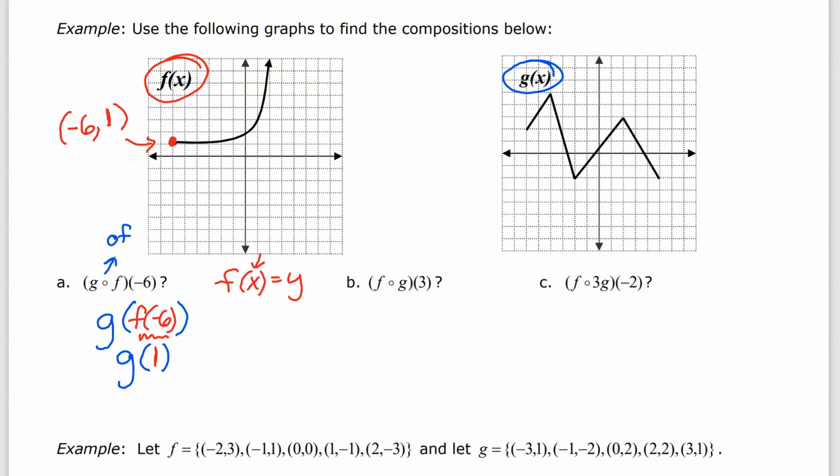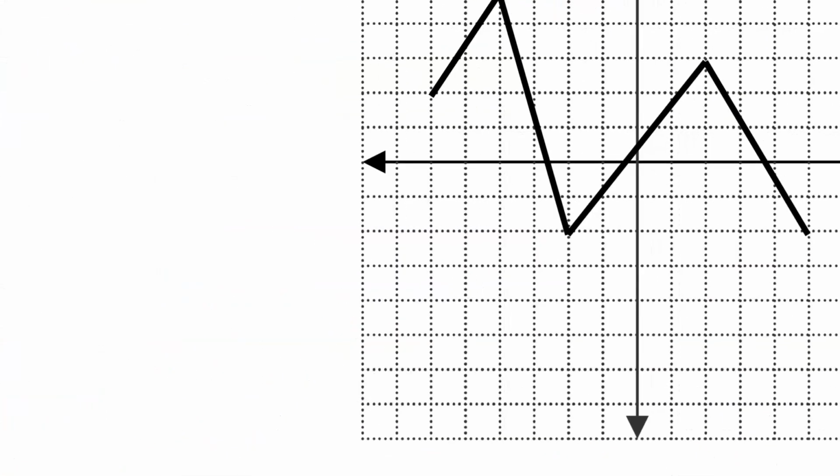Now with the g of x graph, I do want to show you something kind of weird on this one. If I look for g of positive 1 and I go up here, that point isn't quite on the lines of the grid. So we wouldn't say that this was 1, 2. We could say it's about 1.75.